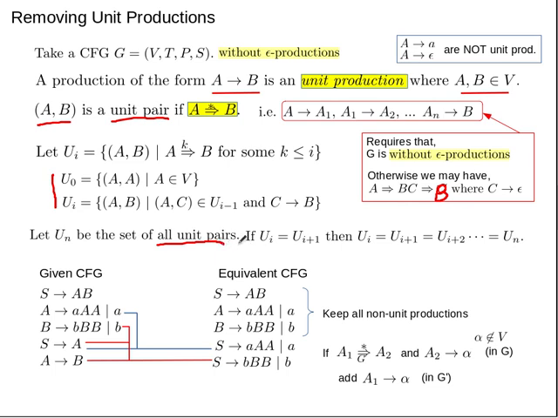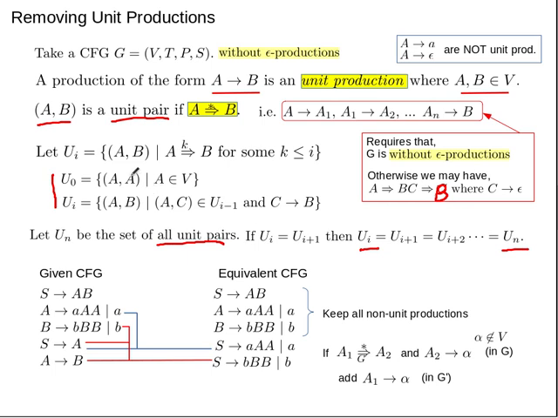Okay. And you see that the way we have done it, once you have ui equal to ui plus 1, then for the rest, ui plus 2 will be this, ui plus 3 will be this. So once we have this, this is bound to be equal to this thing. So this is in fact this.